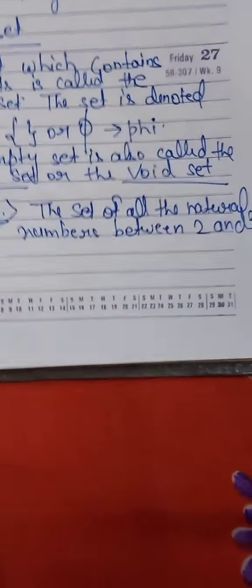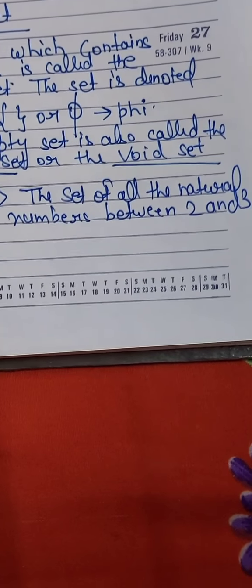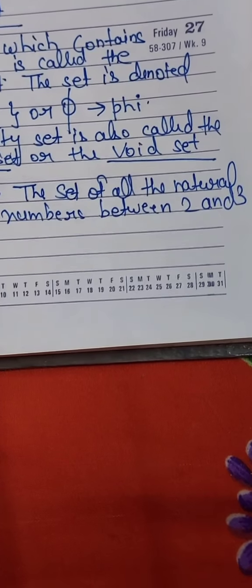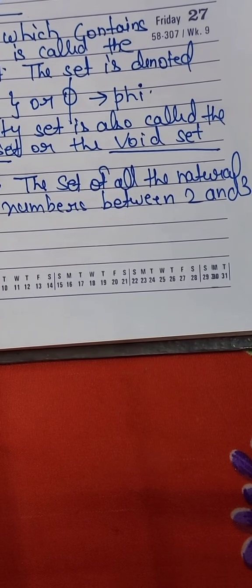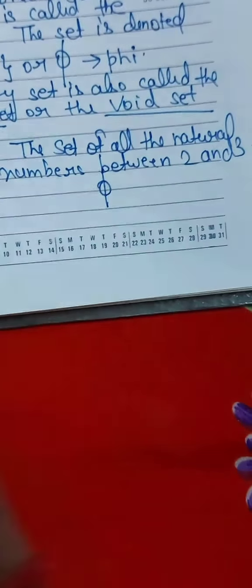How many natural numbers are between 2 and 3? We don't have any, because decimals are not natural numbers. So this set is an empty set.